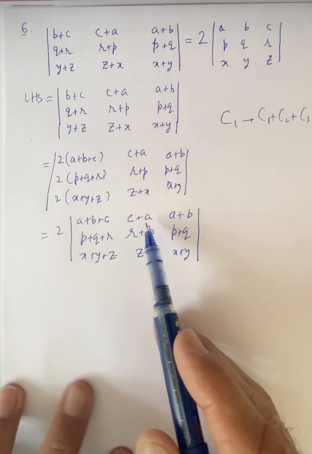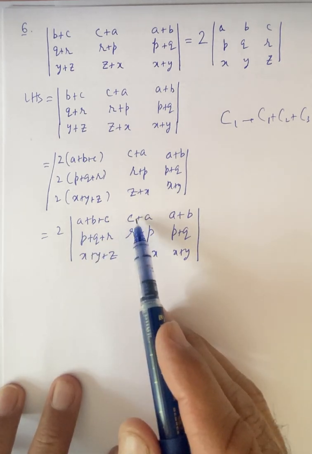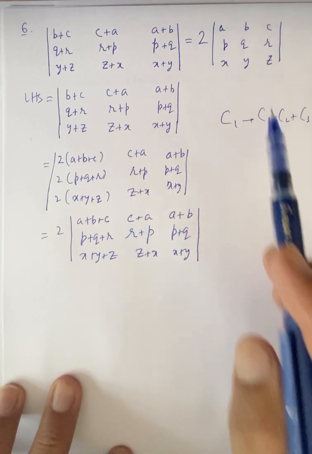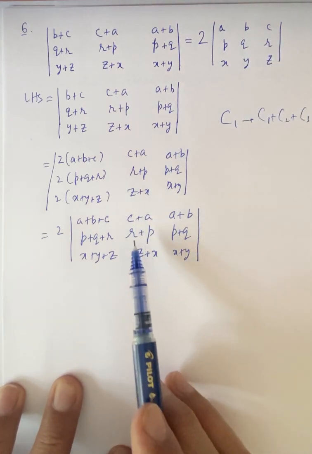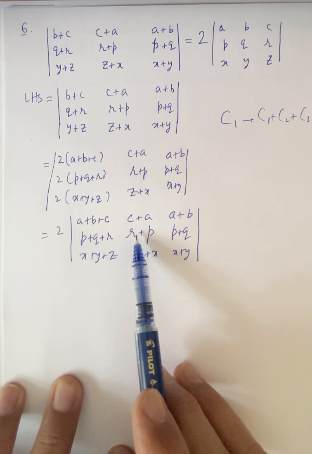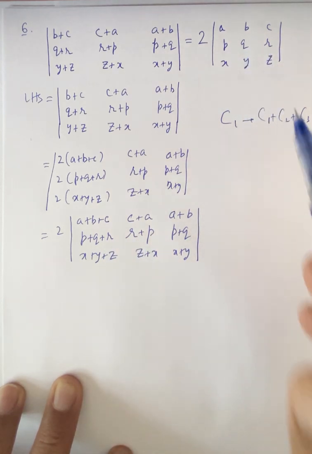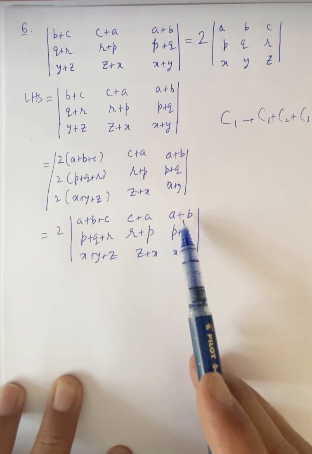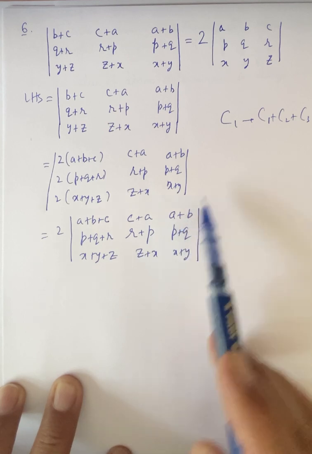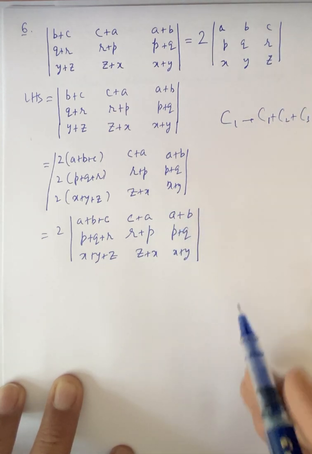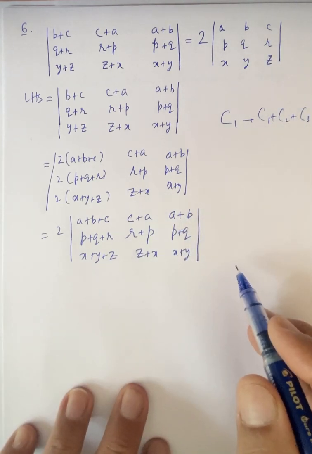So if we subtract this from this, we get minus b here. We want b here. Similarly, this minus this will be minus q. We need q here. And also this minus this will be minus c here. We need c. We'll take care of negative signs later on.